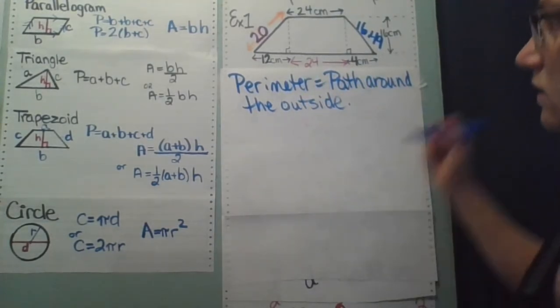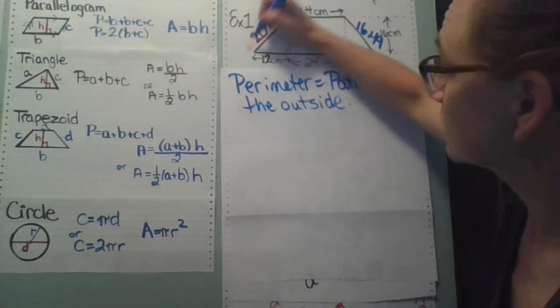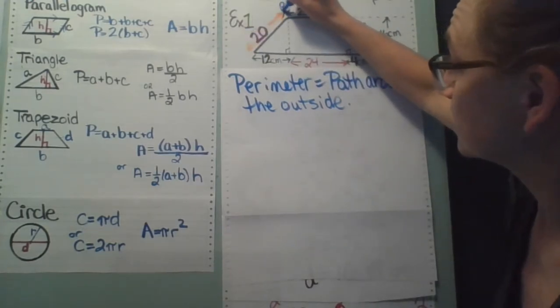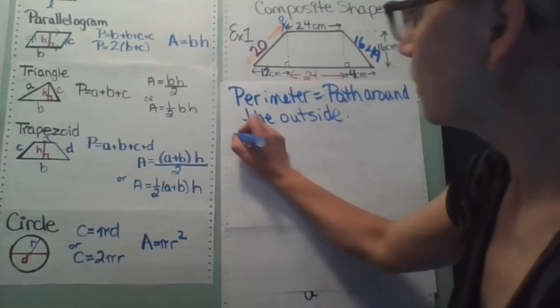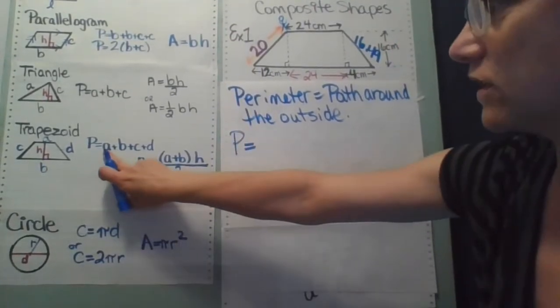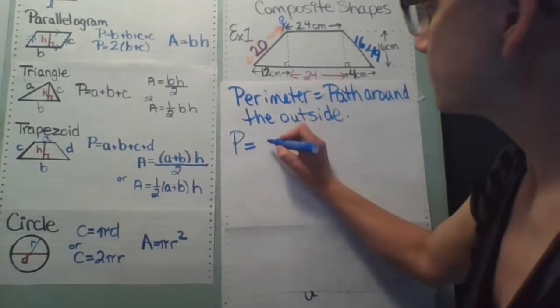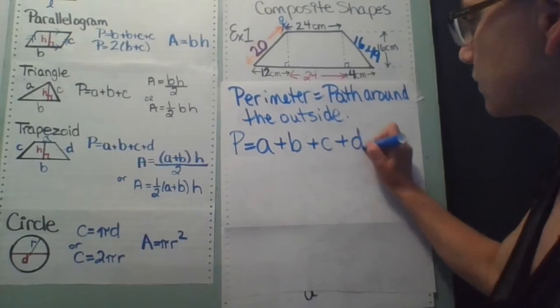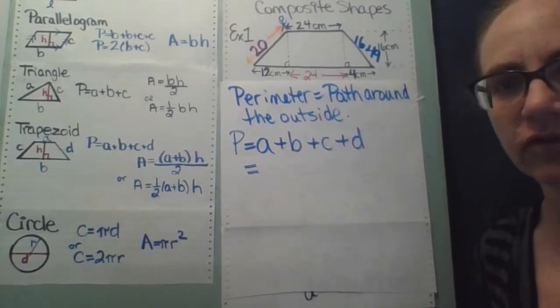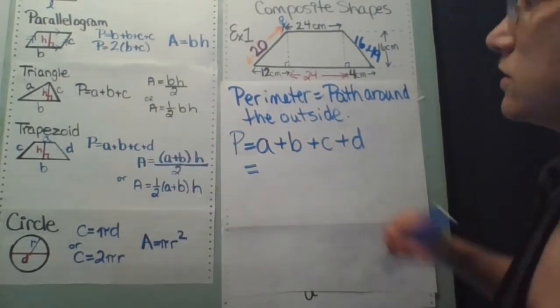It's got to be around the outside, so it doesn't matter where you start. I'm just going to start my little guy, let's pretend he's here, and then he's got to walk around the other side. So my perimeter is officially A plus B plus C plus D, right, because that's what my formula sheet gives me as my letters.